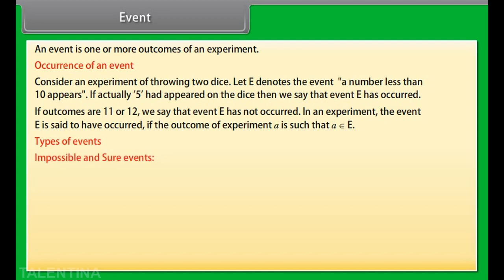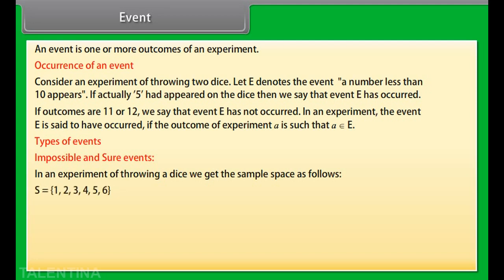Types of events. Impossible and sure events. To understand it, let's take an example. In an experiment of throwing a dice, we get the sample space S is equal to {1, 2, 3, 4, 5, 6}.